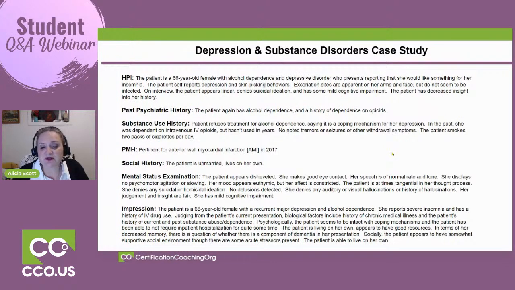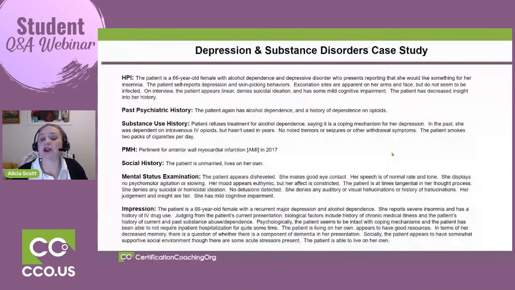Patient refuses treatment for alcohol dependence and says it is a coping mechanism for her depression. In the past, she was dependent on intravenous IV opioids, but hasn't used that in years. No noted tremors or seizures or other withdrawal symptoms.